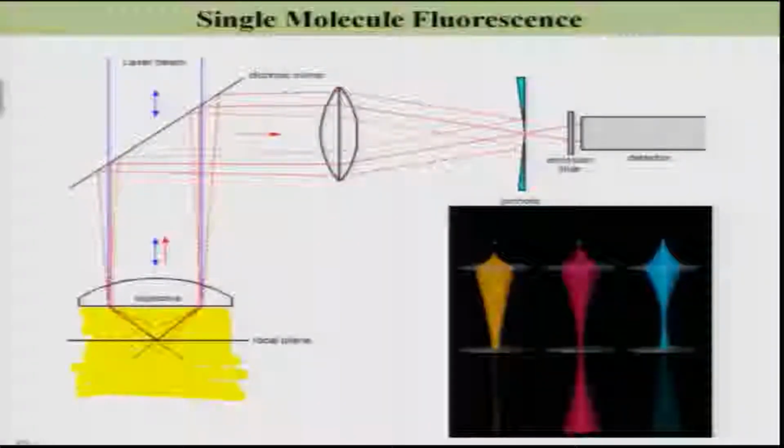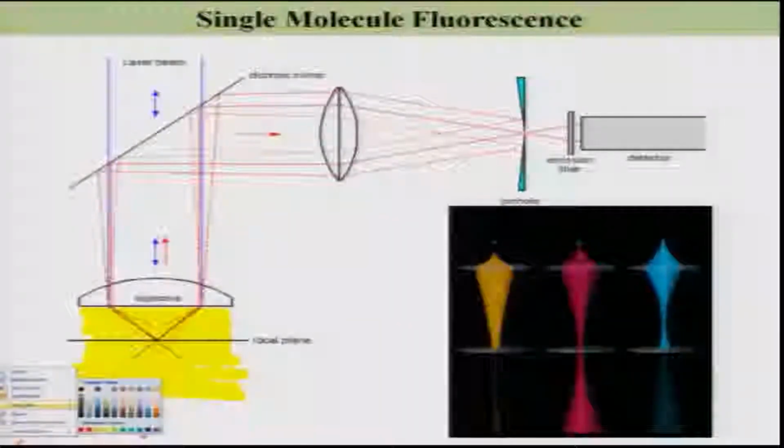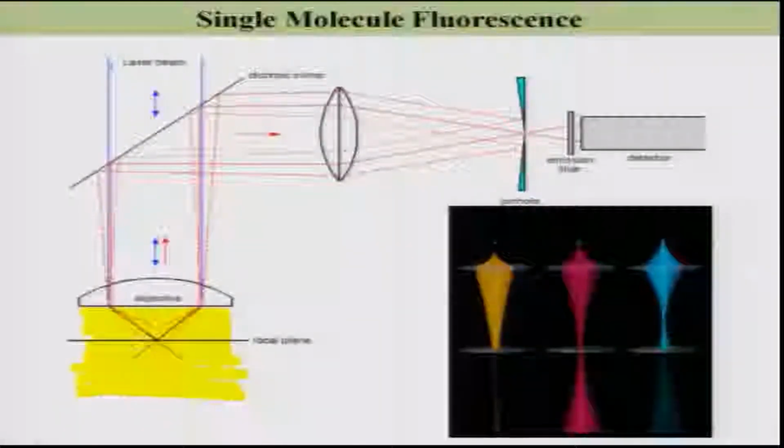So if you follow this excitation light, I will take this same blue color and redraw it, please follow. The excitation light is coming this way, this way, this way, and it is exciting throughout. This is the other side of the excitation beam, and it will excite throughout.